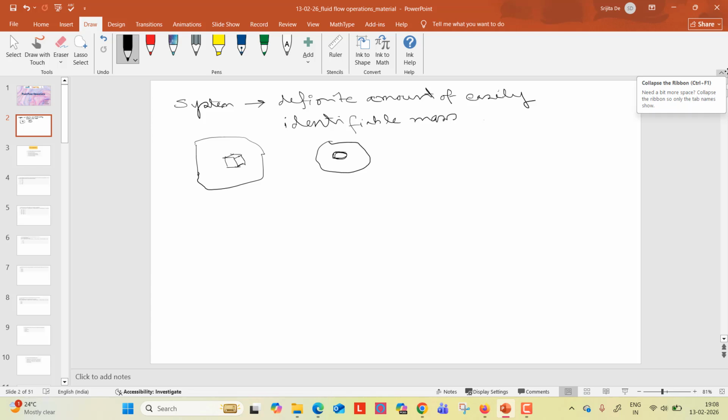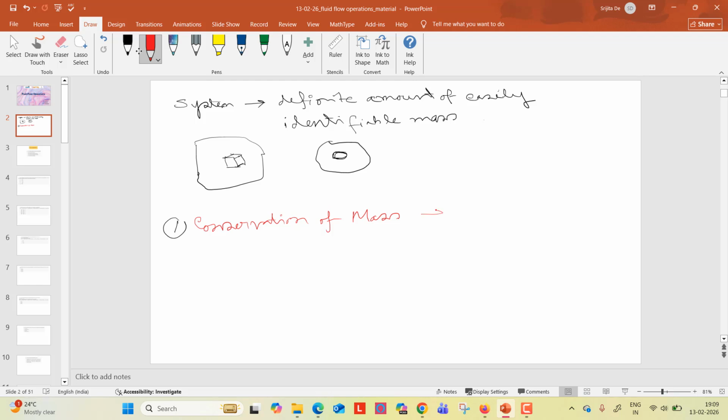So first one is the conservation of mass, right? Conservation of mass means mass is what? Mass is the like how much kg. The unit of mass is kg. We all know that, right?